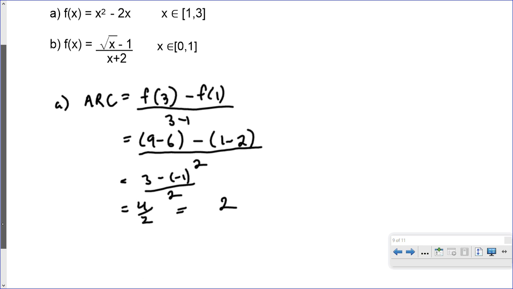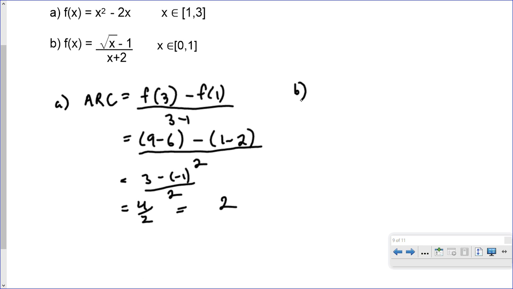For b, I'm just going to use a different function, and I have to find the average rate of change between the function at 1, I always do the second point, minus the function at 0, over 1 minus 0. So now I'm going to substitute 1 into my function here.